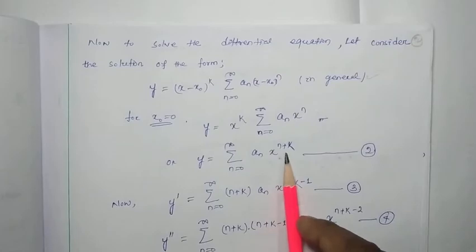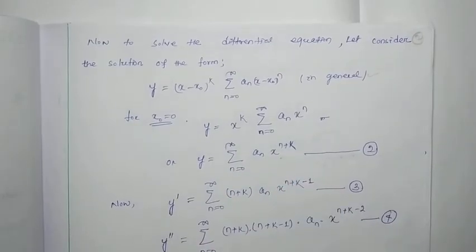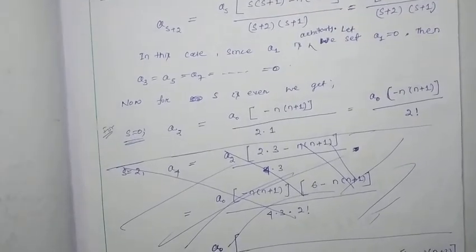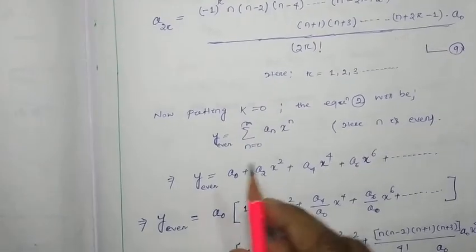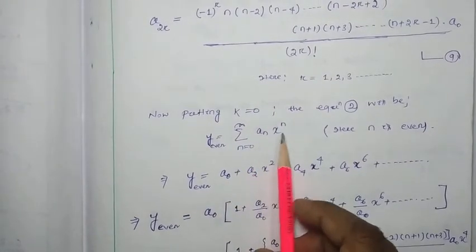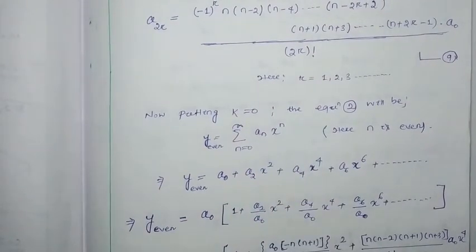So here for k equal to 0, this will be written as an x to the power n. As we have considered a1, a3, a5, these all terms are to be 0.